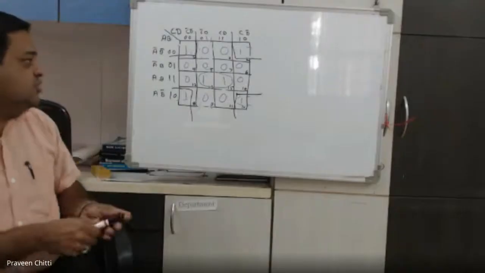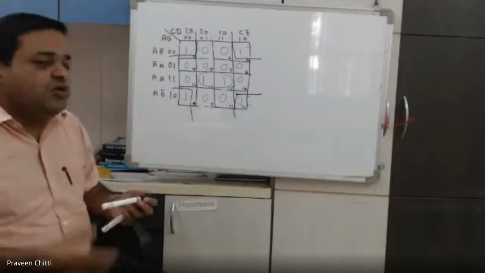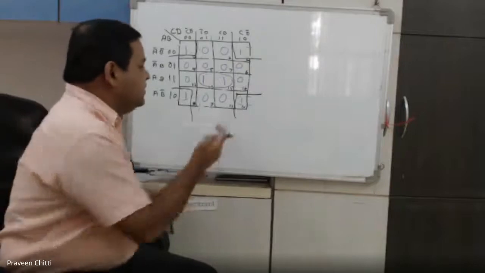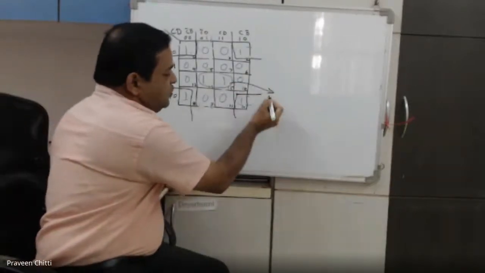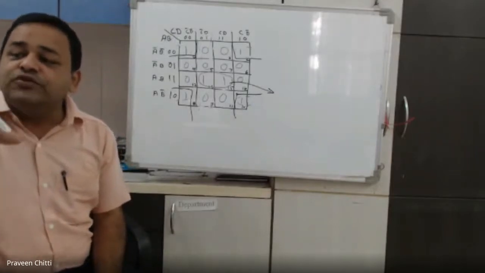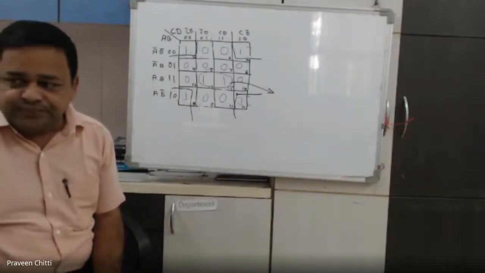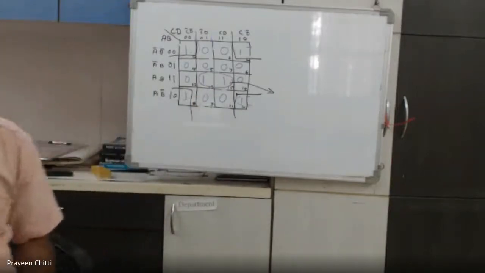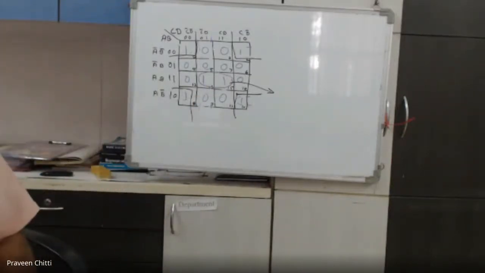So finally, if I want to write the product term for each of these groups, can you tell me? First I will take this. Because every group which you form will give you one product term. What is the product term corresponding to that pair first?